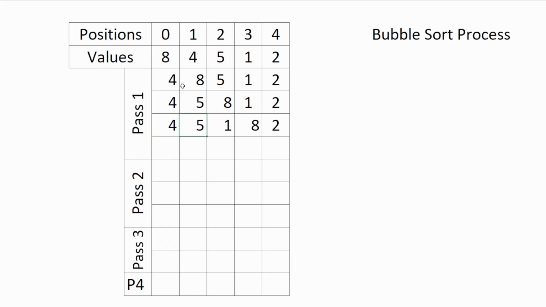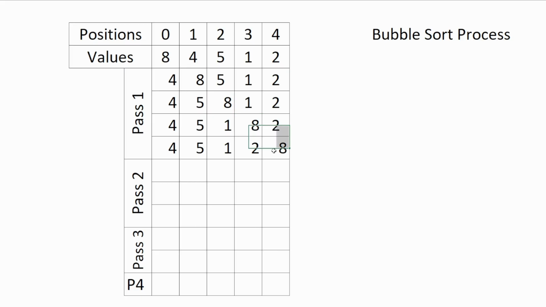Now you can imagine the last one is basically going to be a comparison of 8 and 2. So 8 and 2 are actually going to become 2 and 8, and the rest of the three numbers are going to be exactly the same. Now you can see that at the end of the first pass, which was four comparisons, the first comparison was these two elements, then these two elements, then these two elements, then these two elements.